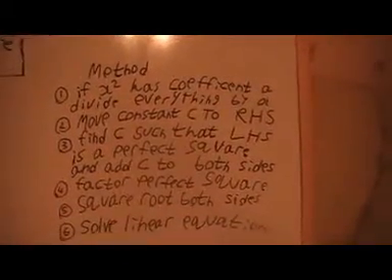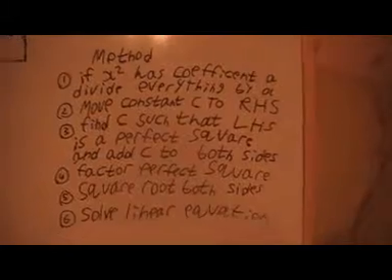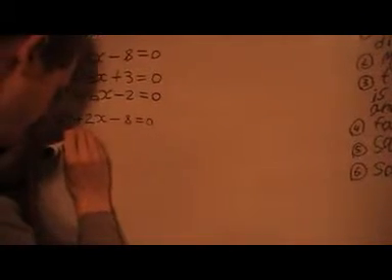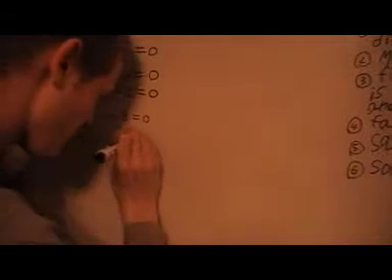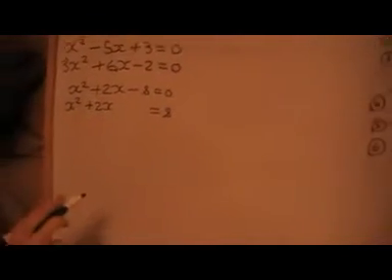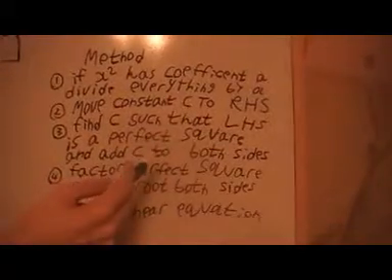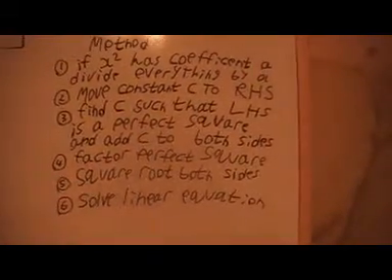In this case we haven't, so we don't need to do step 1, so then we'll go on to step 2 and we'll move the constant c to the right hand side. And remember, because we're moving it over, that becomes a plus 8. And then we'll go on to step 3, where it says we have to find a c such that this side here is a perfect square.